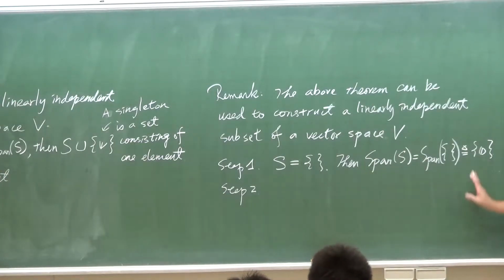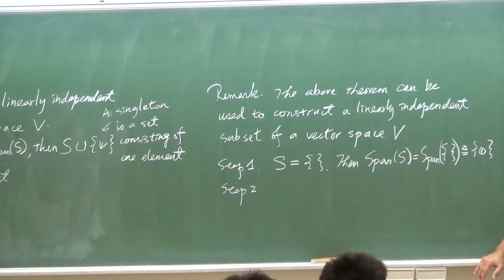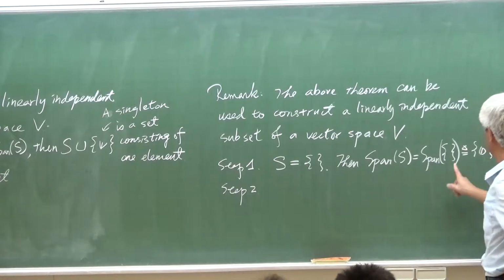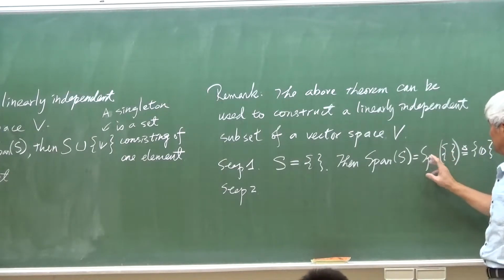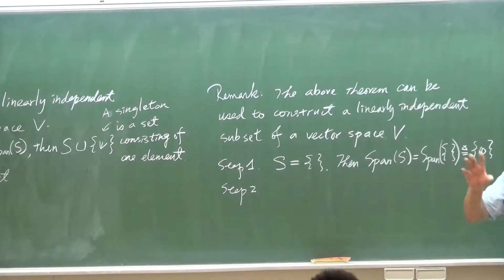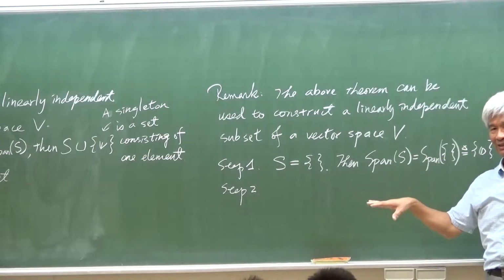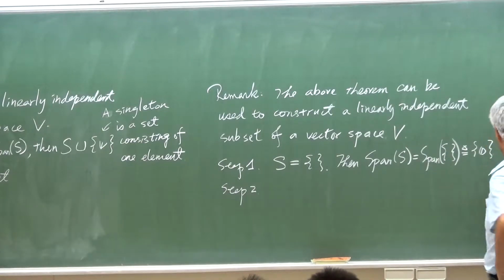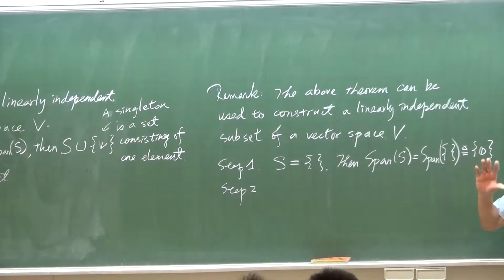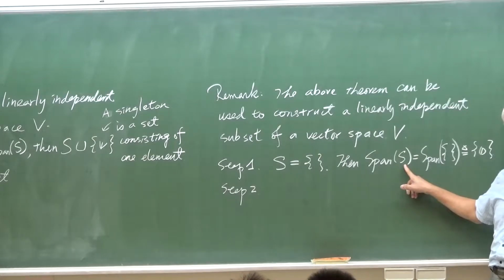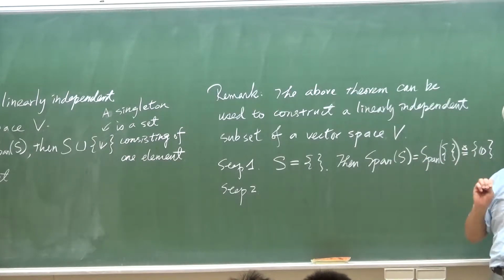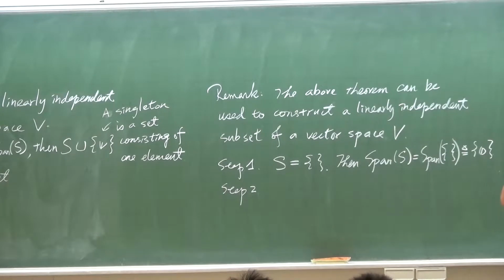Is any of you against this definition? You can give me a reason. Maybe I will accept your reason and I will change my mind. Maybe. Yes, please. Because we usually say the span of a subset. Okay. What is the span of a subset? It consists of all vectors which are linear combinations of elements in S. But for a set with no element, how do you form a linear combination?